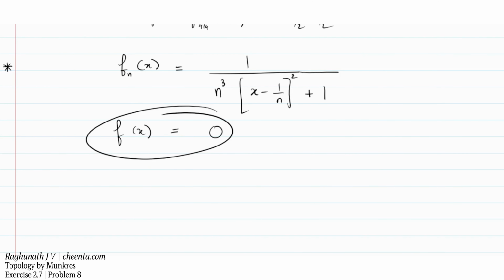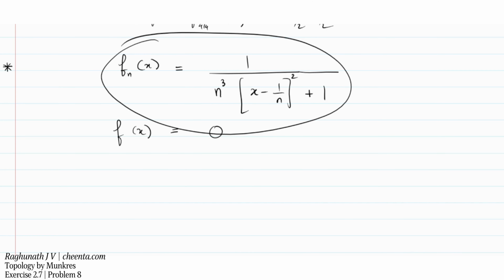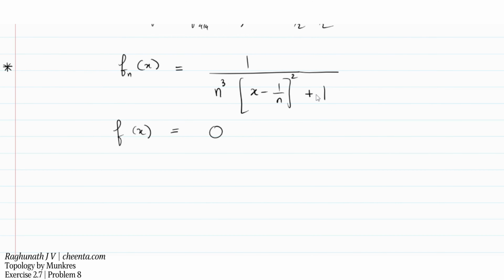Obviously f of x is continuous. First let's prove that fn of x converges to f of x. Also you can think about proving that fn of x is continuous. That will be easier.